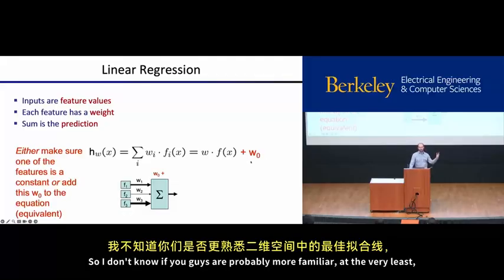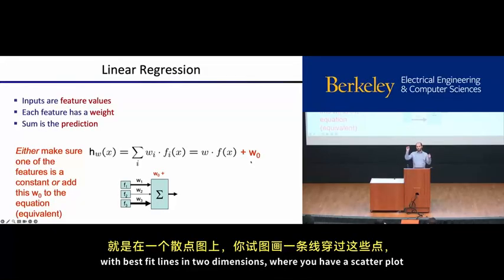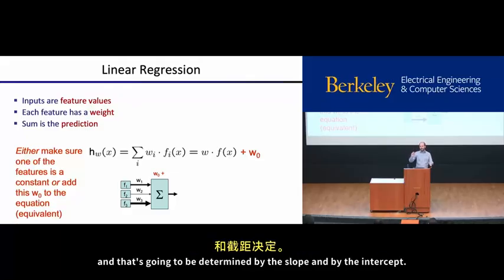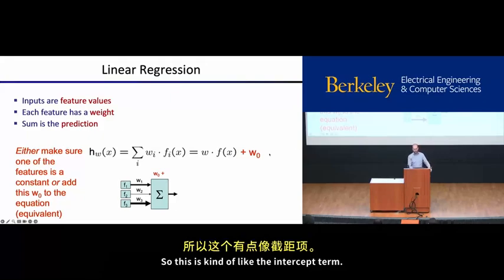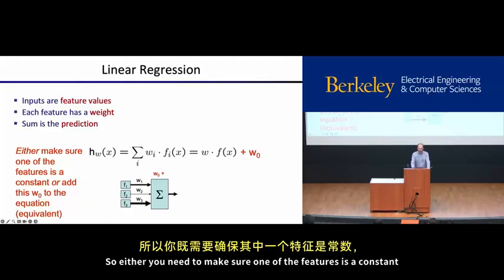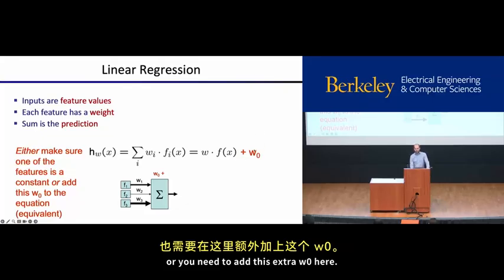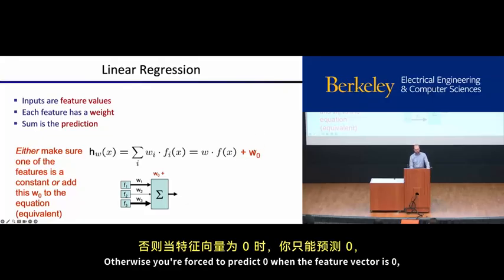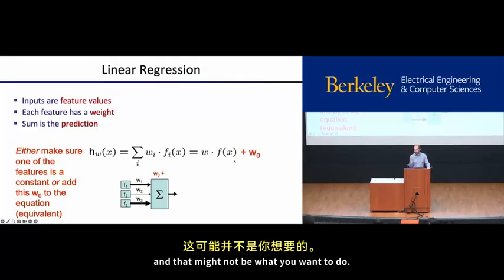I don't know if you guys are probably more familiar, at the very least, with best fit lines in 2 dimensions, where you have a scatter plot and you're trying to fit a line through, and that's going to be determined by the slope and by the intercept. So this is kind of like the intercept term. But if you have a constant feature, then that would just get baked in. So either you need to make sure one of the features is a constant, or you need to add this extra W0 here. Otherwise, you're forced to predict 0 when the feature vector is 0, and that might not be what you want to do.